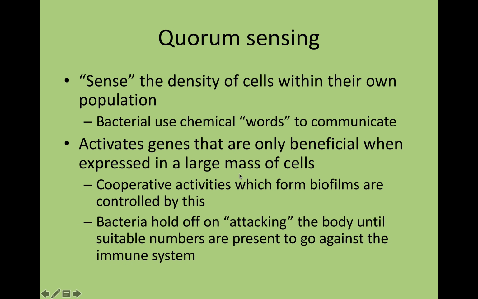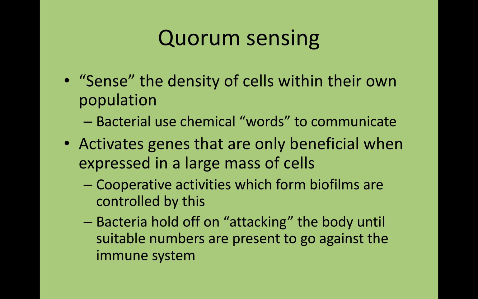The cooperative activities in which biofilms are formed are controlled by quorum sensing, and bacteria can actually hold off, quote unquote, attacking the body until suitable numbers are present to go against the immune system. Just imagine yourself as a pathogen, and you have 100 of yourself, clones, trying to attack a body of 100 trillion cells. 100 of you are not going to be very successful.